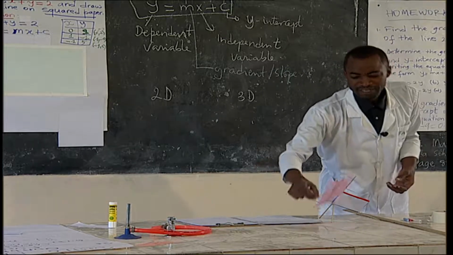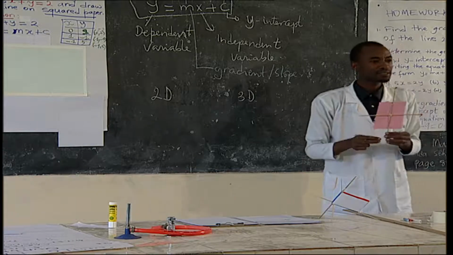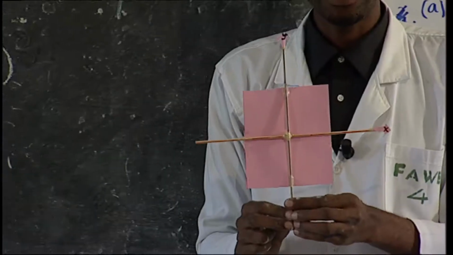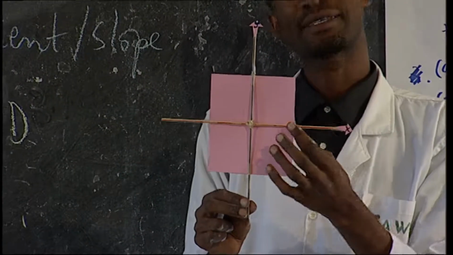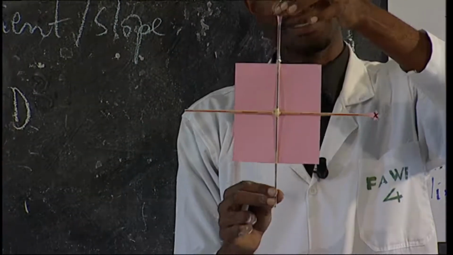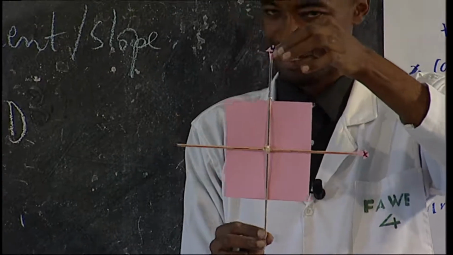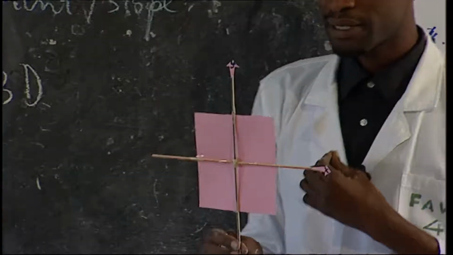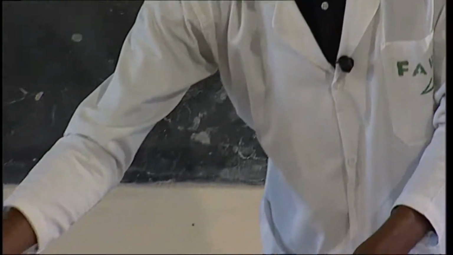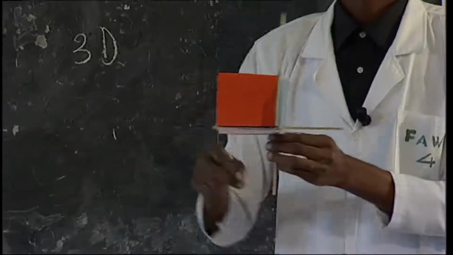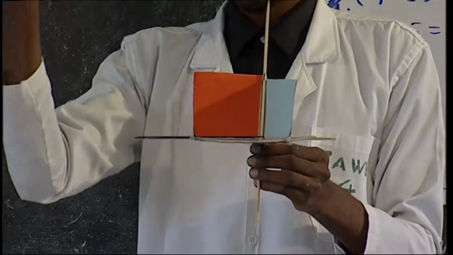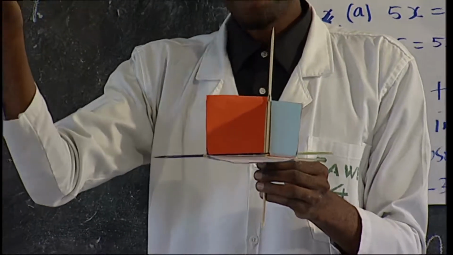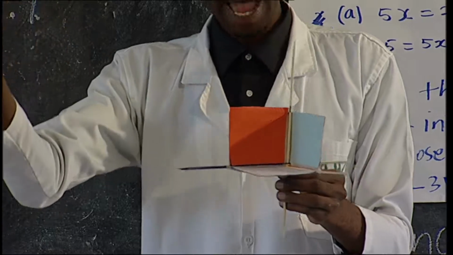I have designed something that can help you to understand what is a Cartesian plane. A Cartesian plane is made by 2 axes: the x-axis and the y-axis. We always do this in class. And a 3D is in 3 dimensions, which means I will have the x-axis, y-axis, and z-axis.